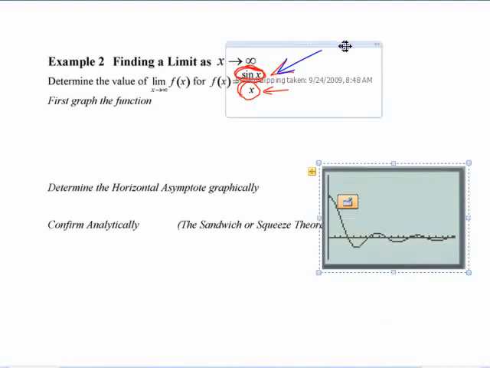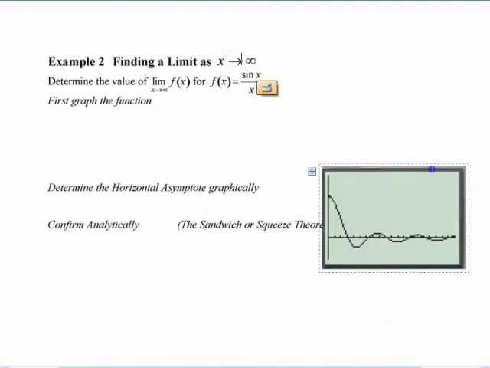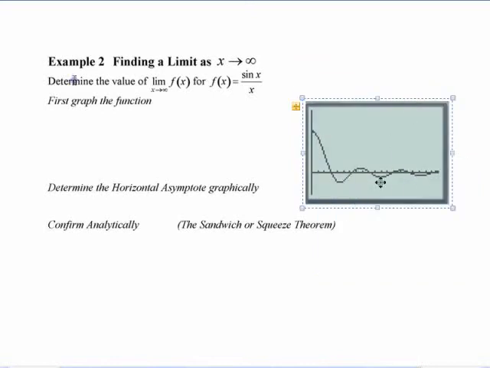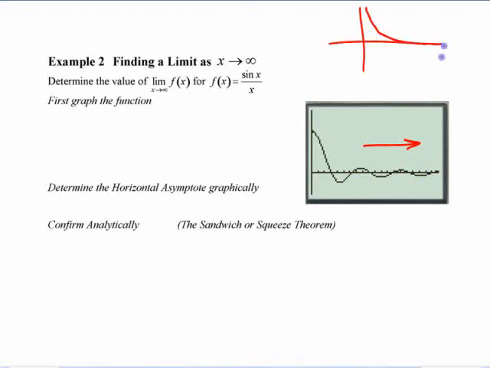What's happening with the values as you go farther and farther there? They get closer to 0. Absolutely. It doesn't matter that it's hovering above and below the thing. As you go farther this way, they get closer and closer to 0. Does it ever equal 0? It's the same as the one we just looked at, right? This never equals 0, even though it looks like it on the calculator.